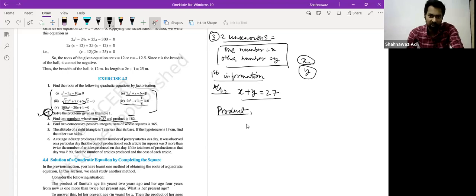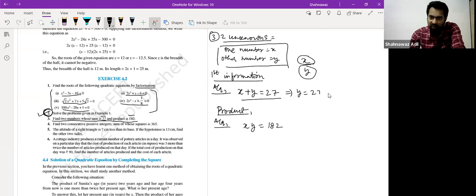So how should we write the product? X into Y. Now we can put the value of Y from here, which would be 27 minus X. So this is the first equation.